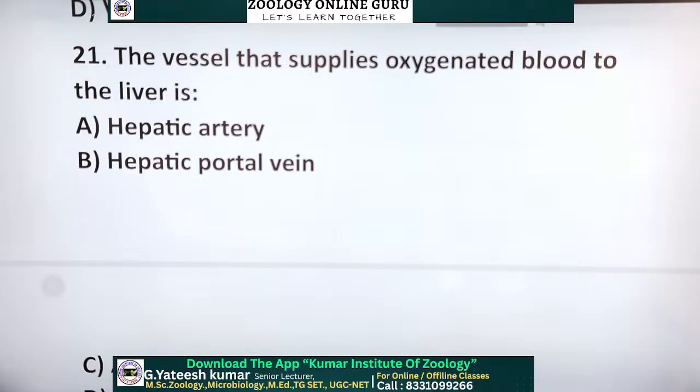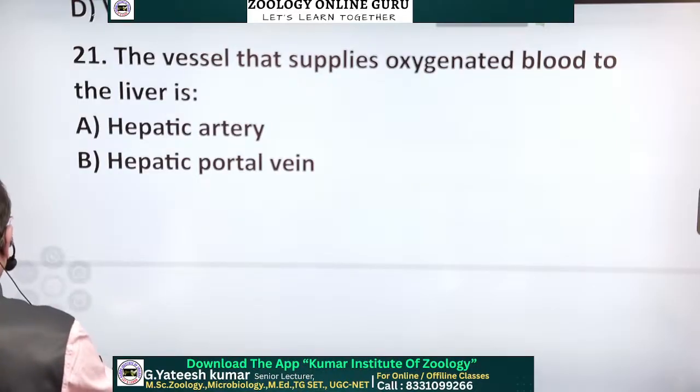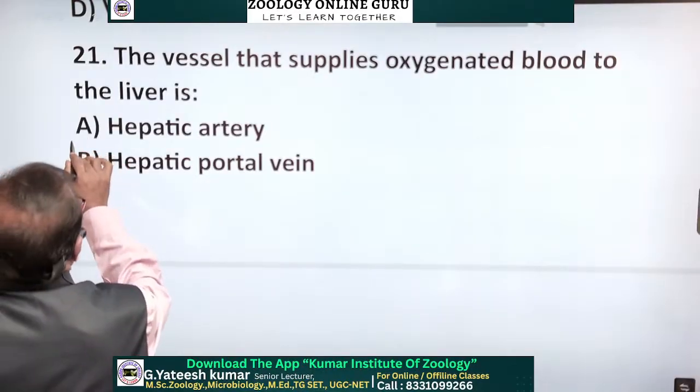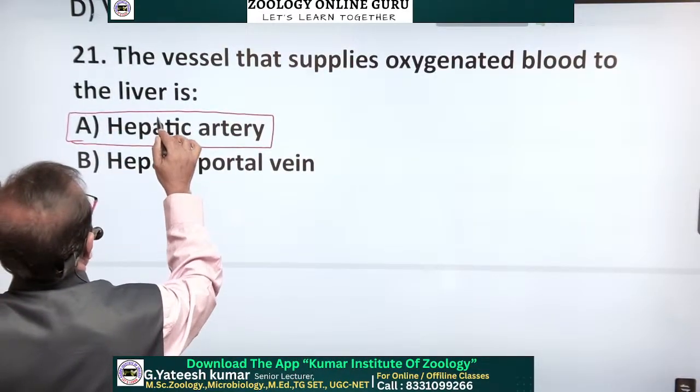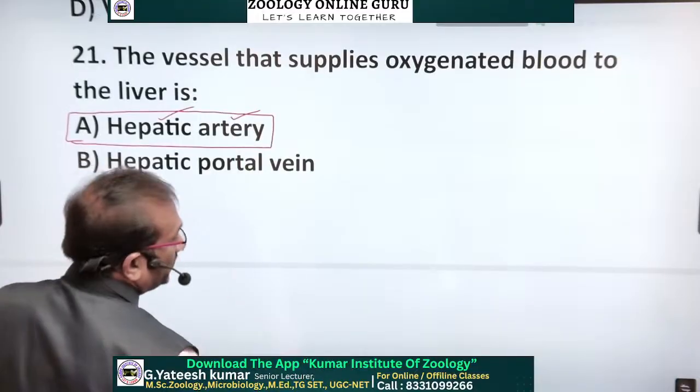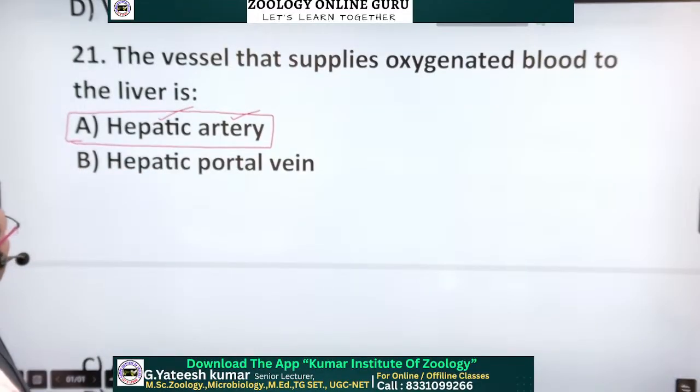Liver means hepatic. The hepatic portal system is different; that is from the intestine to the liver. There is a link there. But the blood vessel coming to the liver is known as the hepatic artery. Hepatic means liver, so the vessel supplying pure blood to the liver is called the hepatic artery.